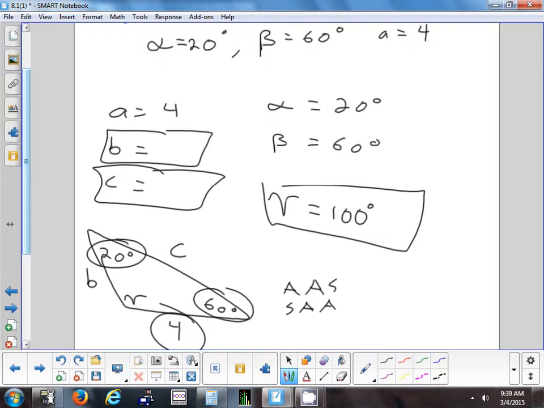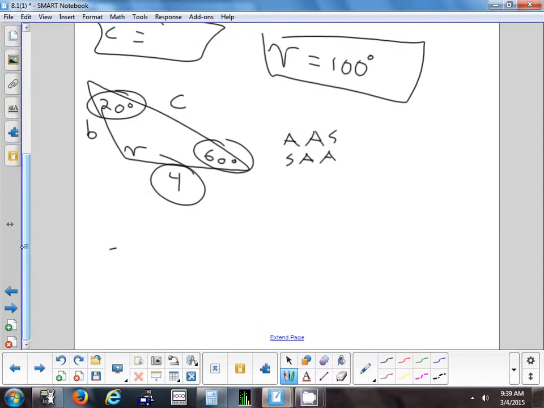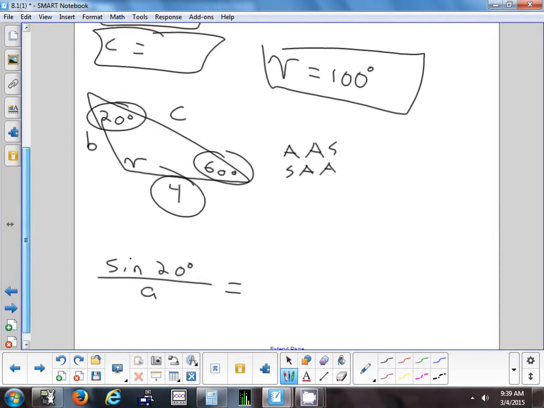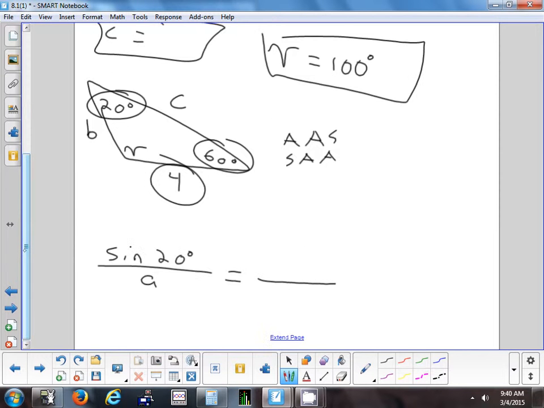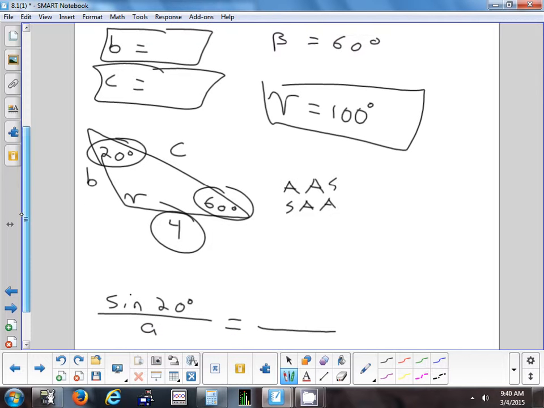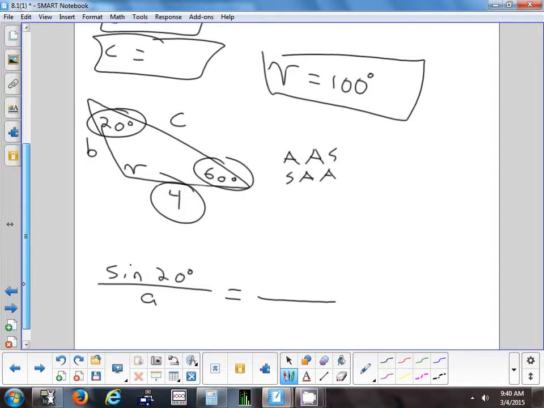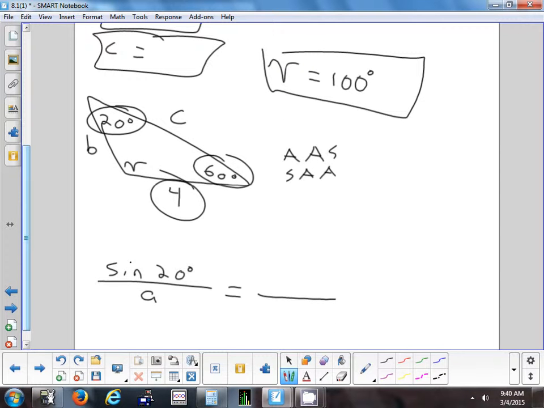Okay, so first part of law of sines says sine of alpha divided by A. So sine of 20 divided by A. And now we can find B or C. Let's do B. If I'm going to find B, what do you think would go in the top on the other side of this equation?